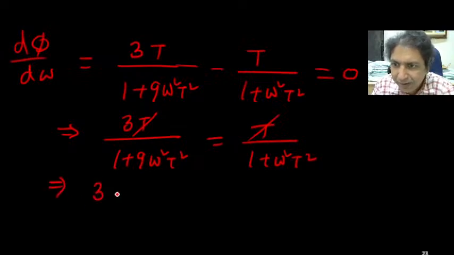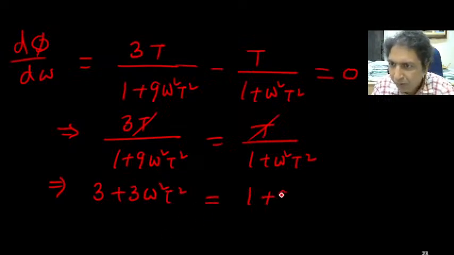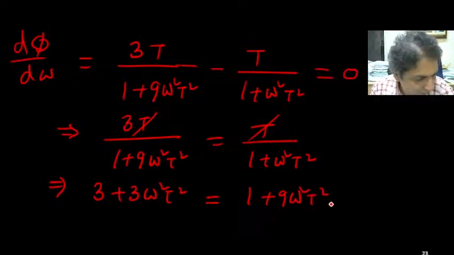So 3 plus 3 omega square T square equals 1 plus 9 omega square T square. Is it correct?